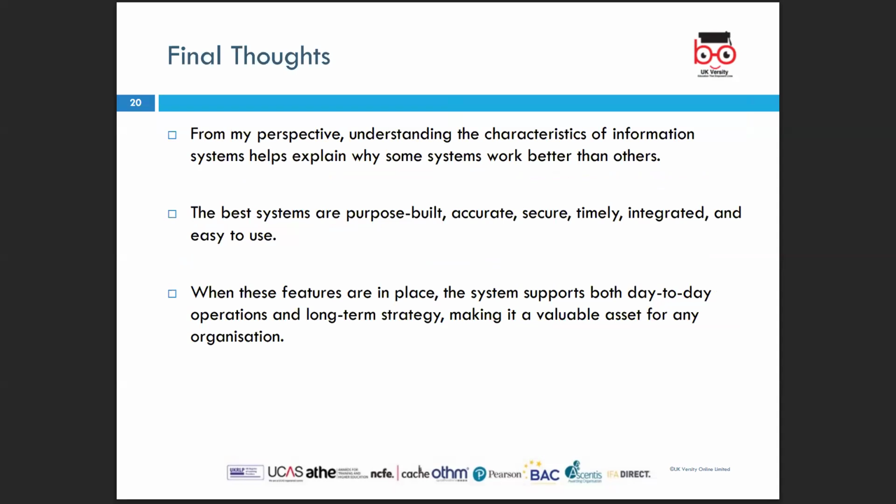So our final thought on this is that understanding the characteristics of information systems helps explain why some systems work better than others. So the best systems are purpose-built, accurate, secure, timely, integrated, and easy to use.